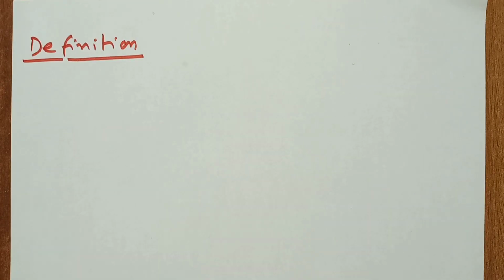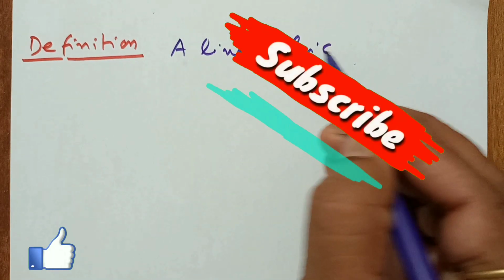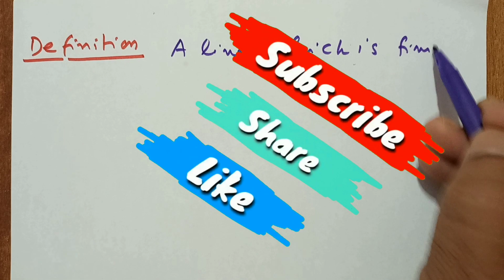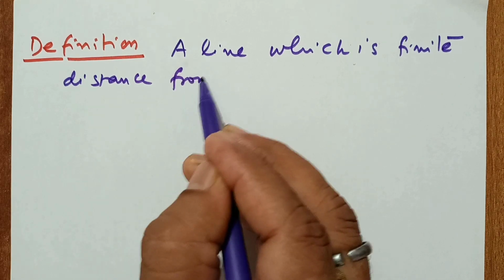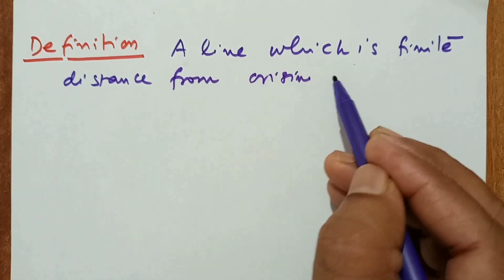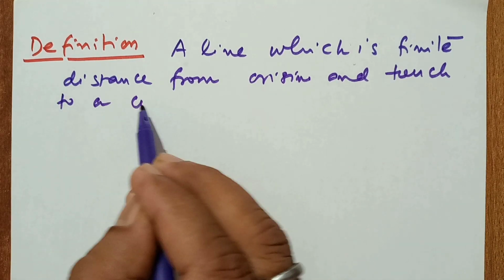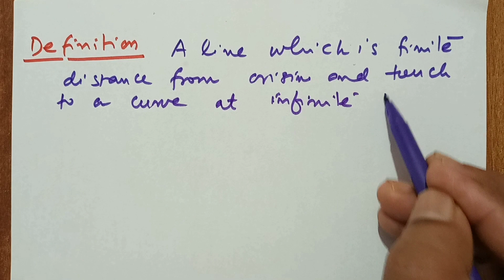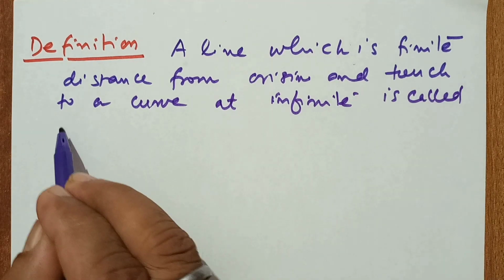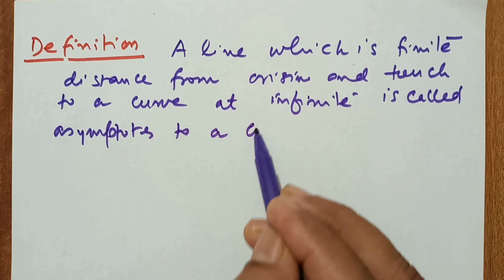Okay, now what is the definition of an asymptote? So a line which is at finite distance from the origin and touches a curve at infinity, okay, is called an asymptote to a curve.